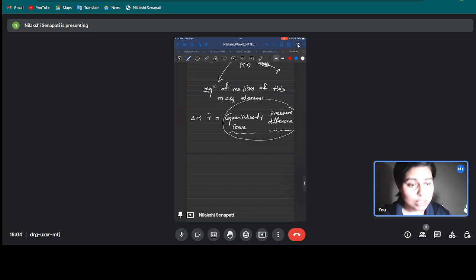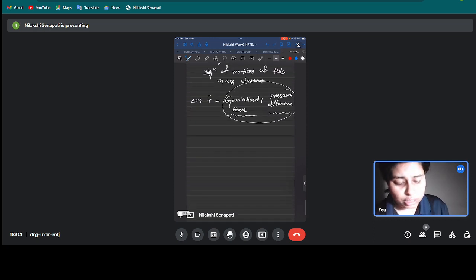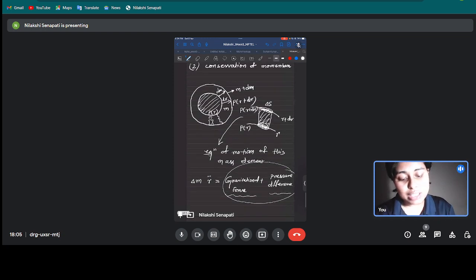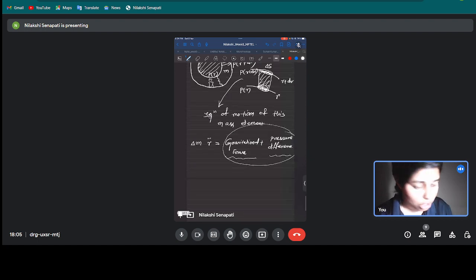We are just doing the simple thing, as in any classical mechanical problem. So this is a force equivalence, which will directly infer the conservation of momentum.